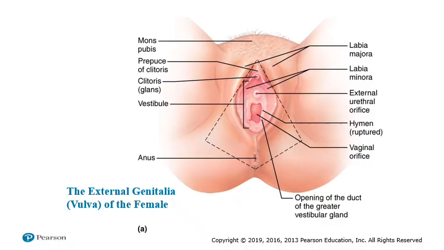Now, the vagina is a thin-walled tube about 3 to 4 inches in length, and it functions as the birth canal and as a passageway for the menstrual flow, and it is the organ of copulation.